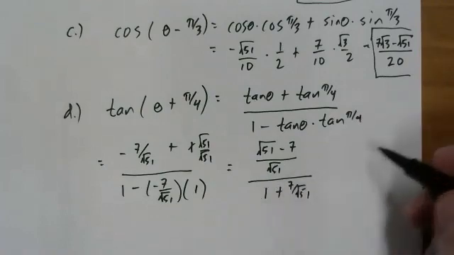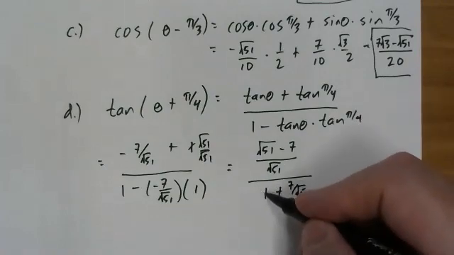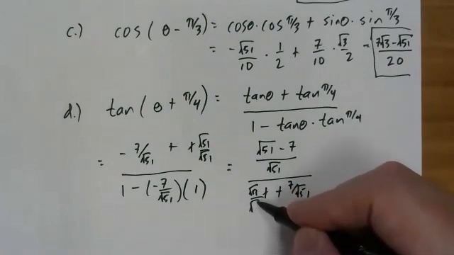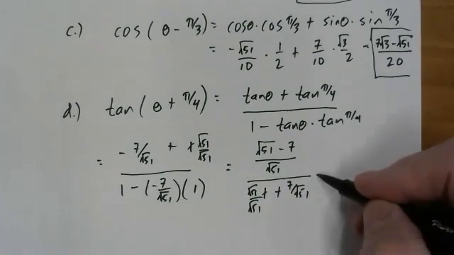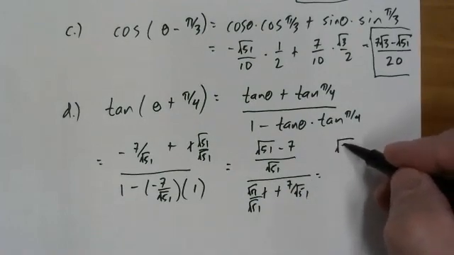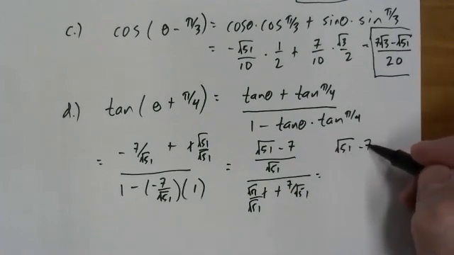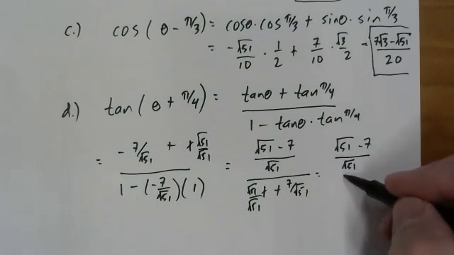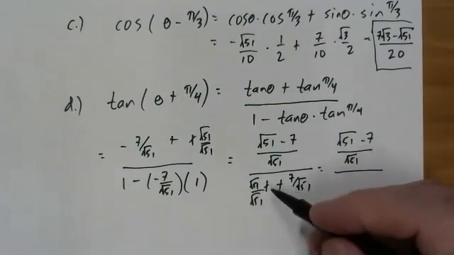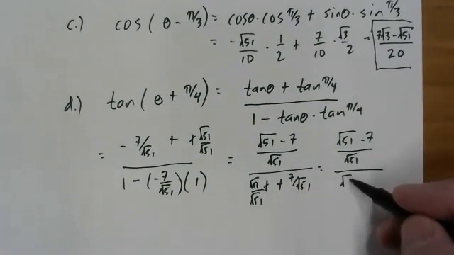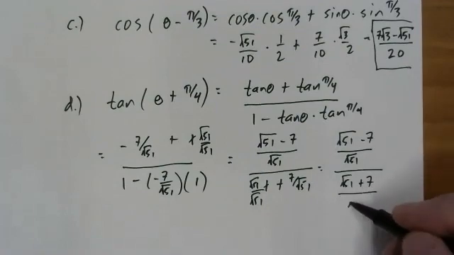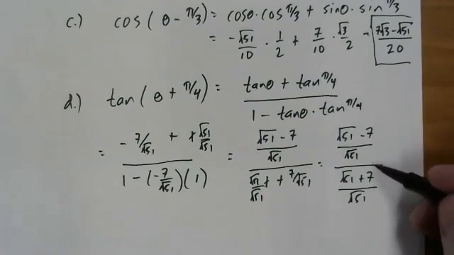If I want to combine that into one fraction, I've got to make that square root of 51 over square root of 51. Like I said, I thought this was going to get messy. So here I'm going to have square root of 51 plus 7 over square root of 51.